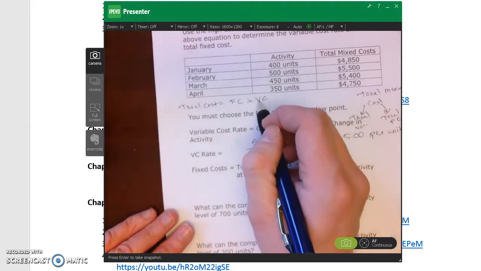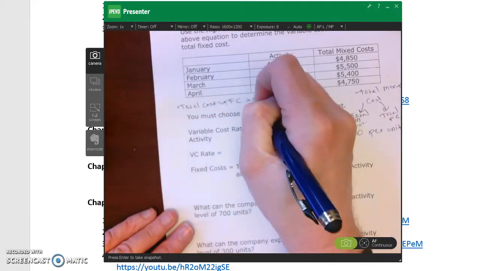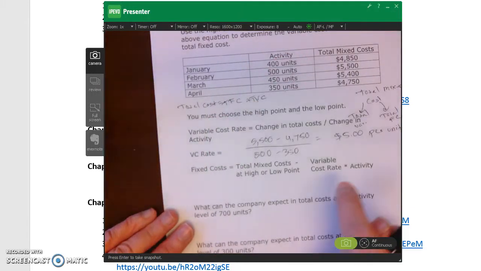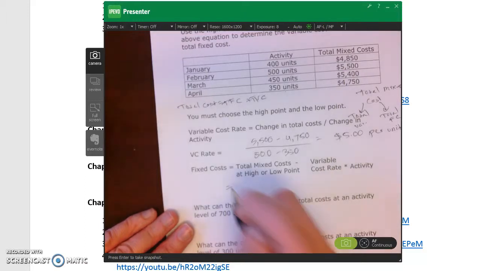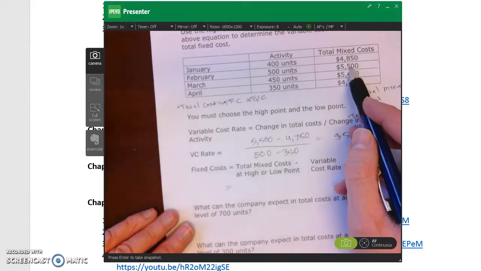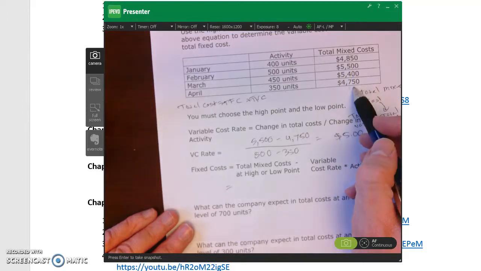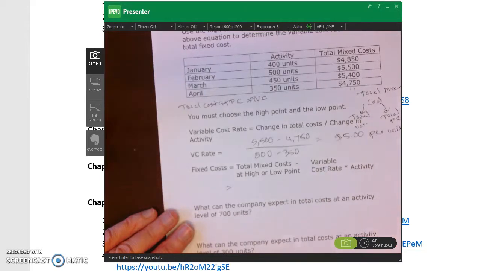Now, this is total variable cost, right? How do I get total variable cost? By taking the rate, my variable cost per unit, times the level of activity. That gives me my total variable cost. So what I'm going to do is choose the cost at either the high or the low point. It doesn't matter which one. It has to be the high or the low point. And then I'm going to subtract out my total variable cost.